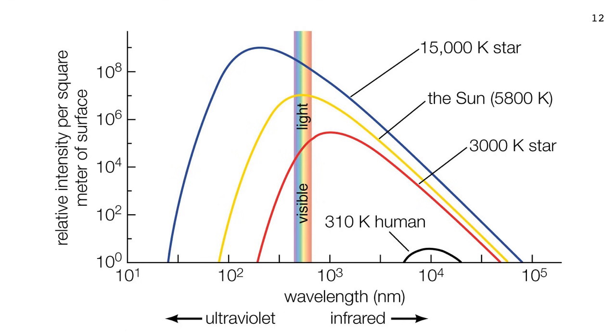It's sorted by wavelength. So you can see here that the peak wavelength right up here for the blue curve, this is known as the spectrum, the peak there is way in the ultraviolet, all right?